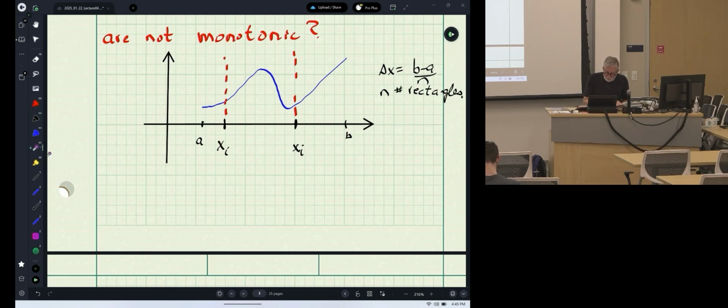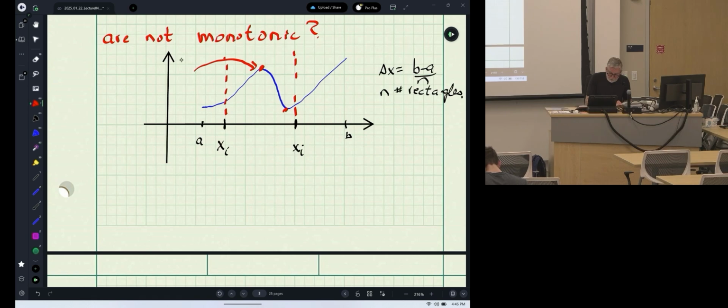Hopefully it's very clear that just taking the left point over is not a lower bound, and taking the right point over is not an upper bound. So what we need to do, obviously, is compute the biggest value that the function takes on and the smallest value the function takes on.